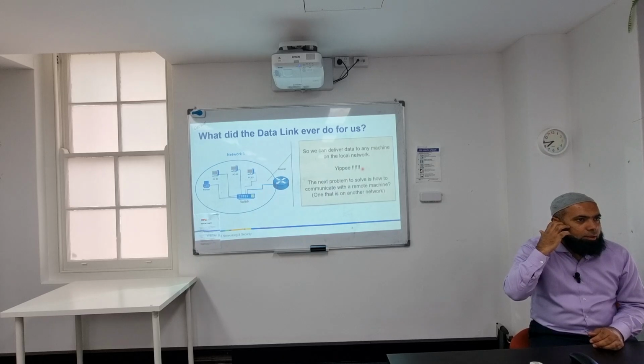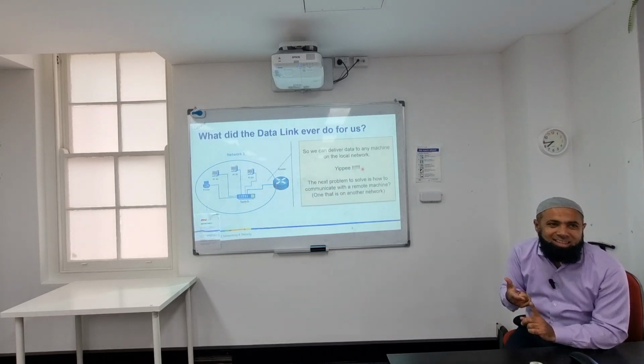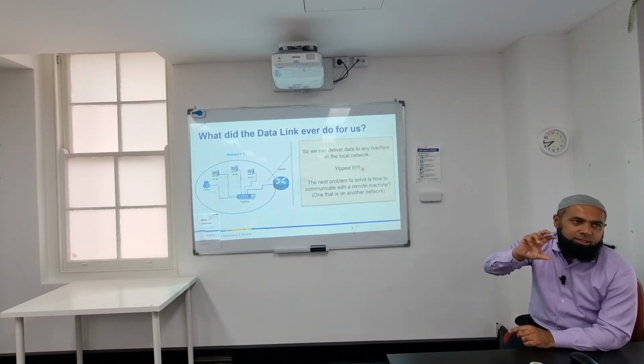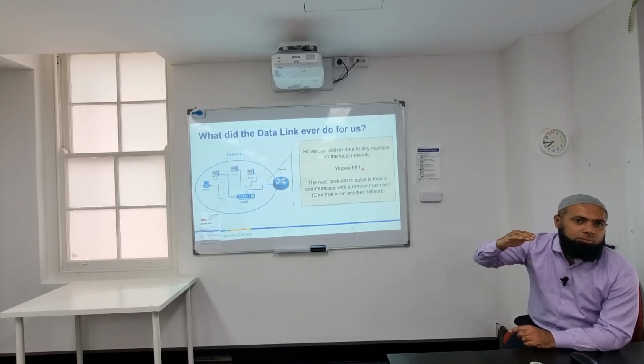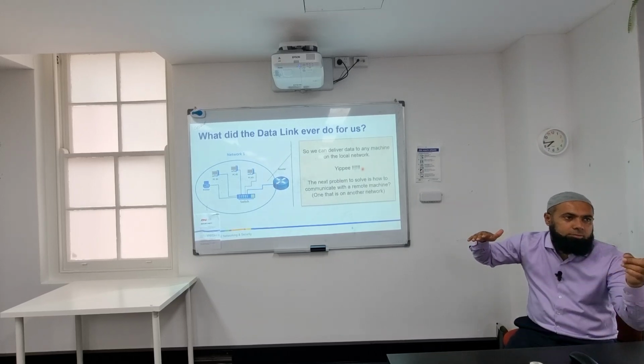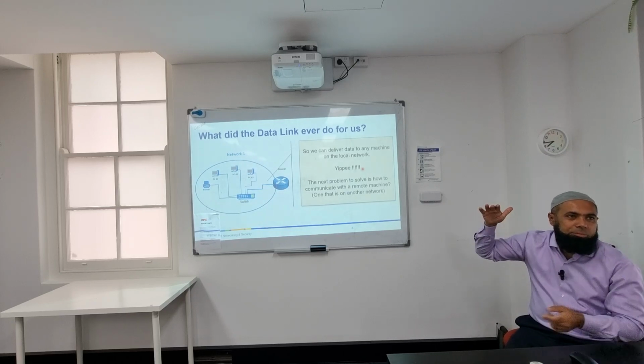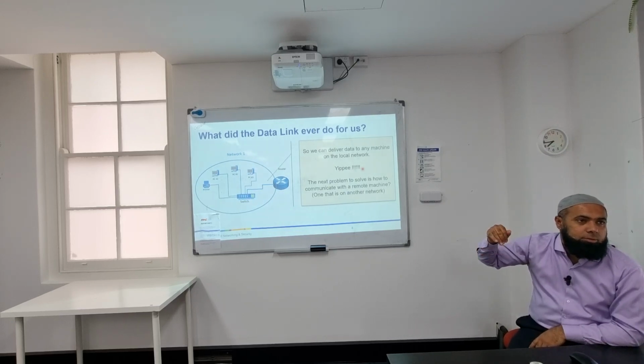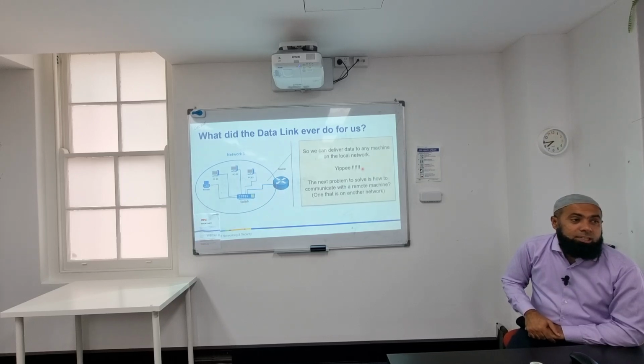Up till now, to revise, what are the networking model layers? Tell me what they are. Application layer, transport, then after transport, network, then data link, and then physical: five layers.